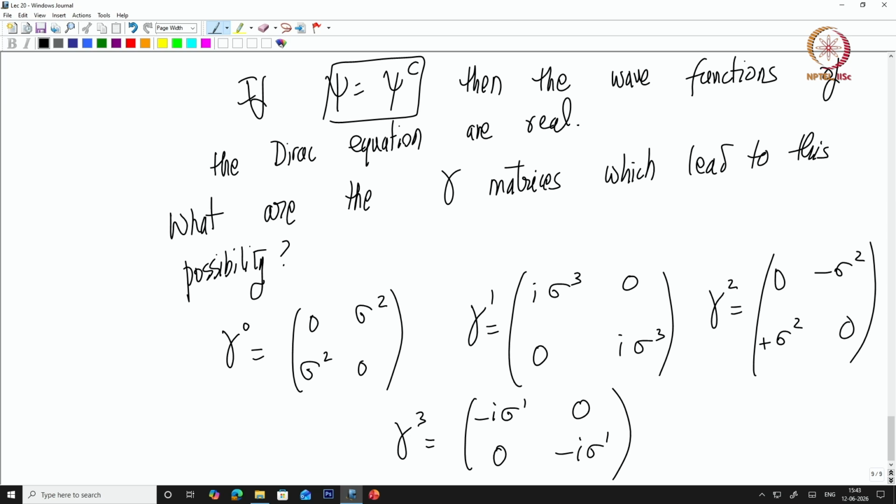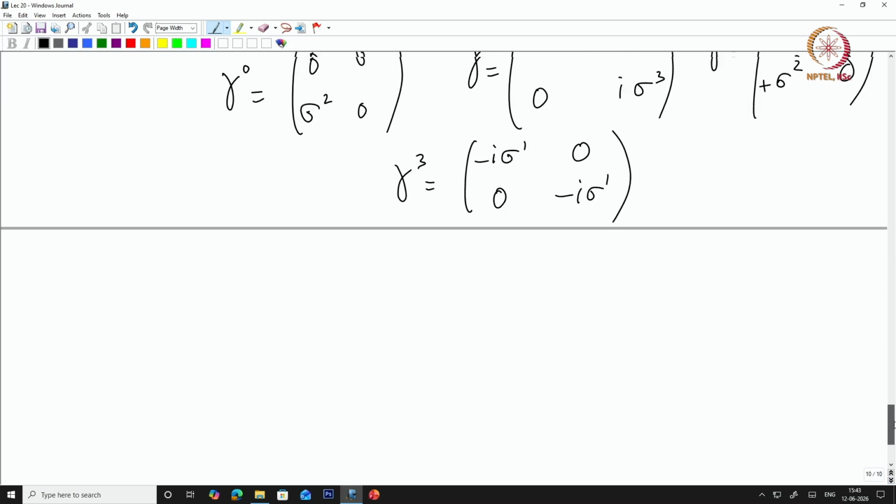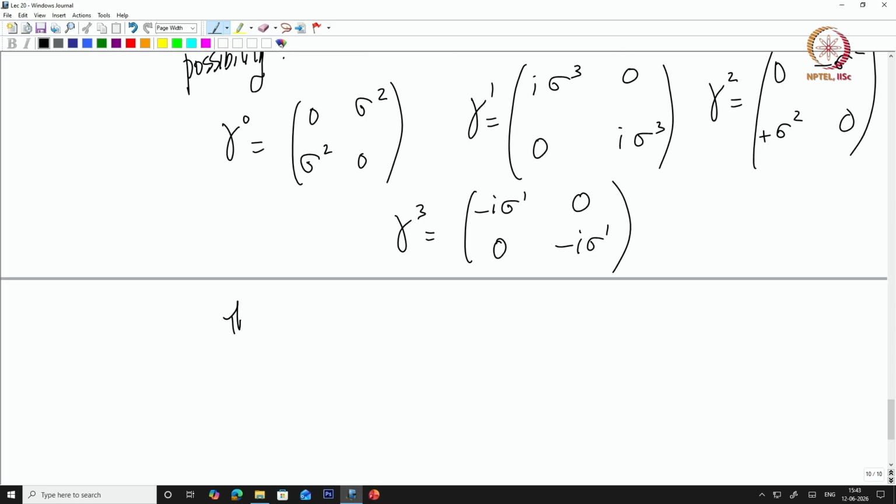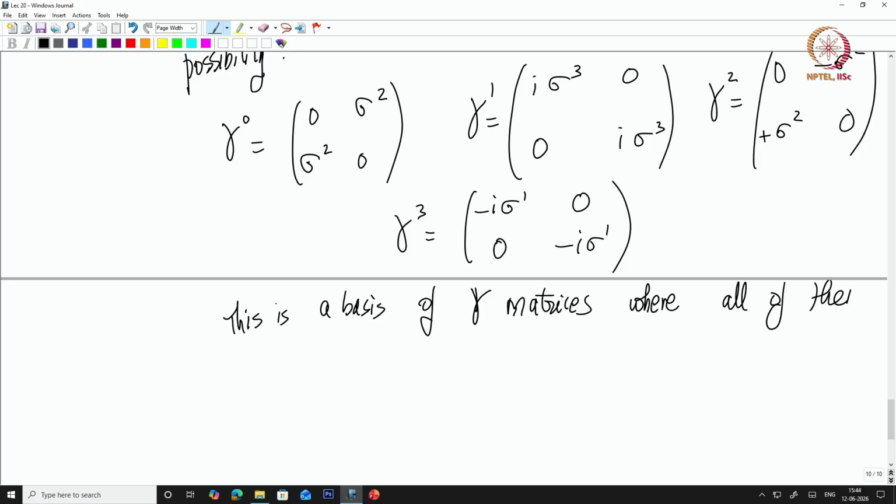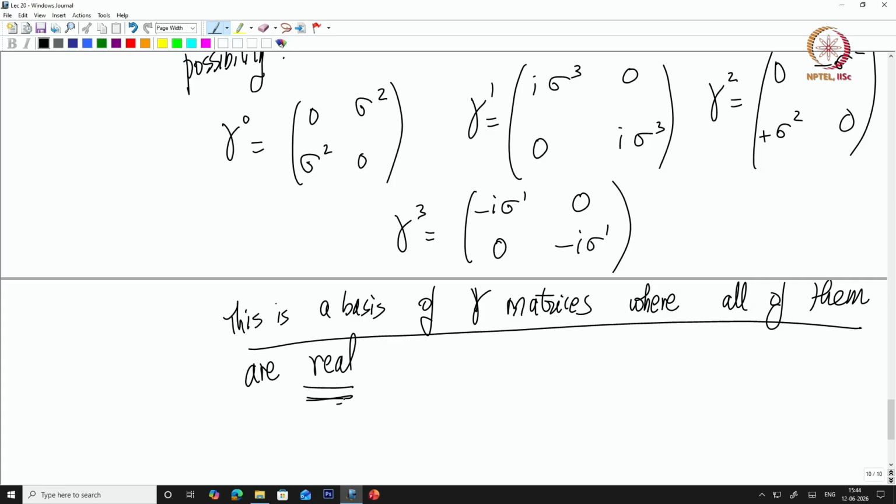Now you see this is a basis of gamma matrices where all of them are imaginary.